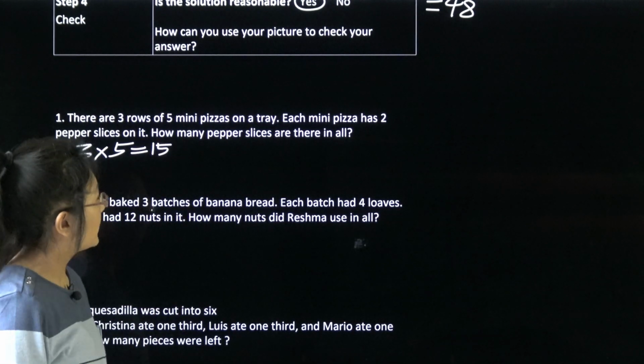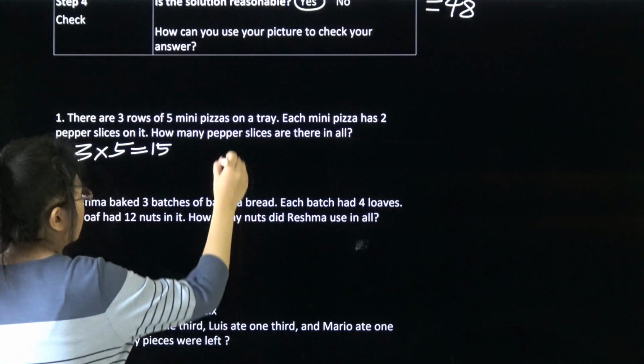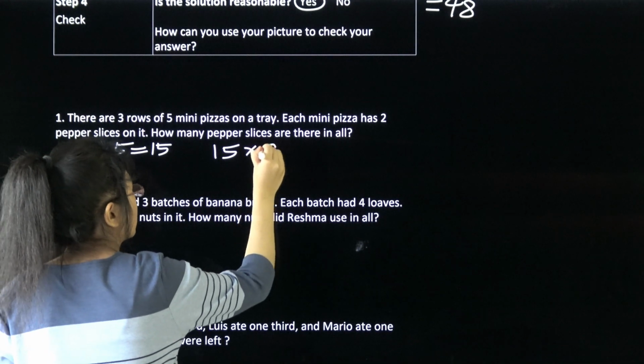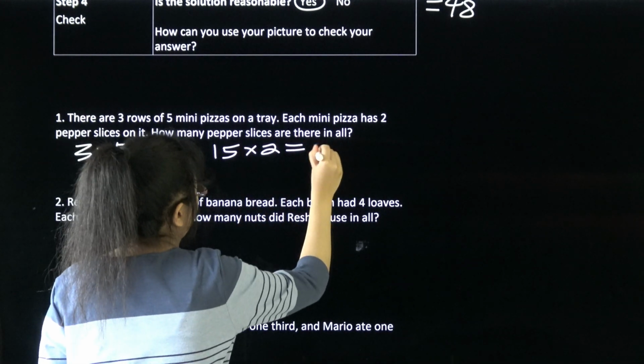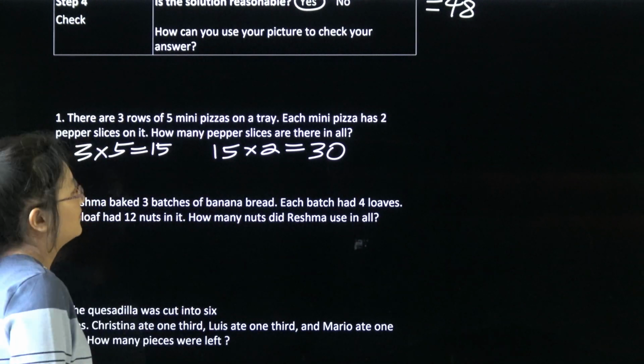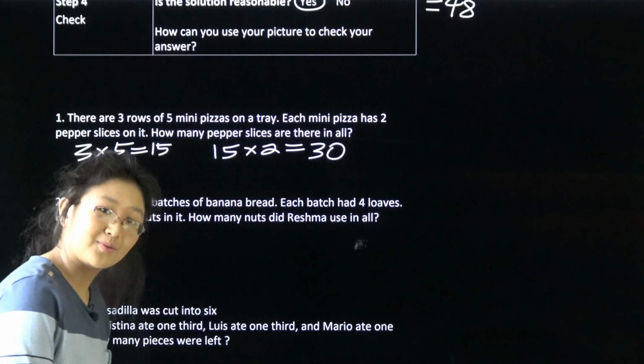So there's 15 mini pizzas, and each of them have 2 pepper slices. So 15 times 2 equals 30. There are 30 pepper slices in all. That was much quicker than drawing little pizzas, right?